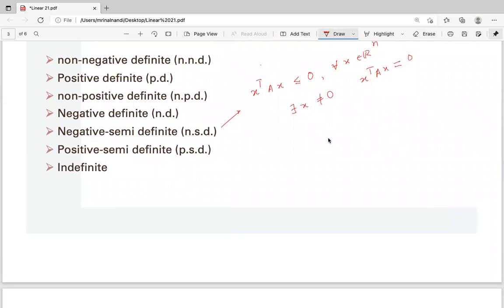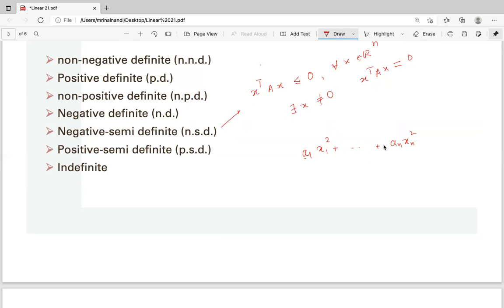If there is no product term, say if you have only these squared terms, then it is clear when it is positive definite, non-negative or semi-definite, or indefinite. You should write a1, a2, ..., an. In that case, if a1, a2, ..., an are all positive, that means it is positive definite.